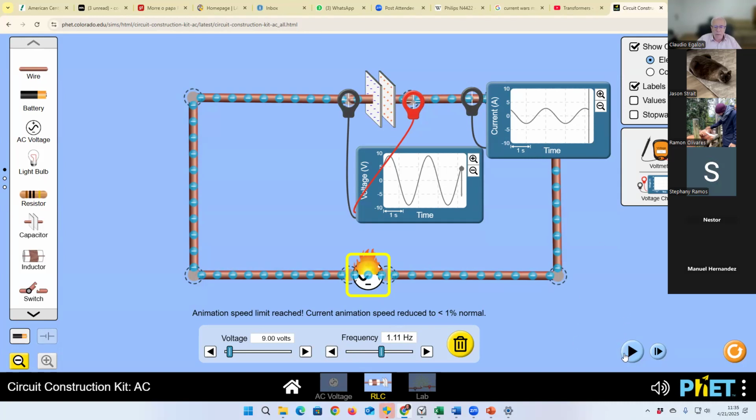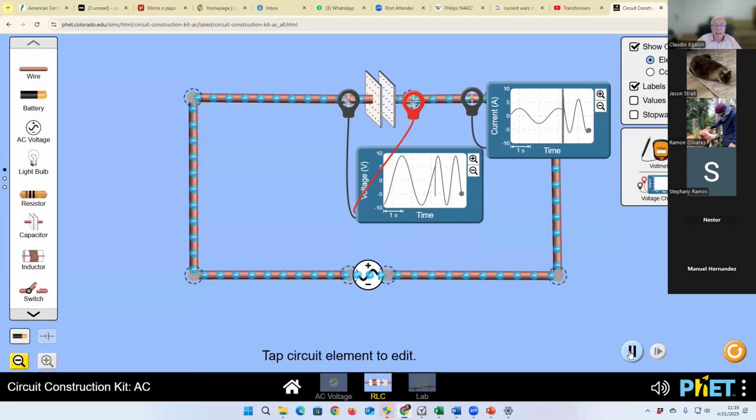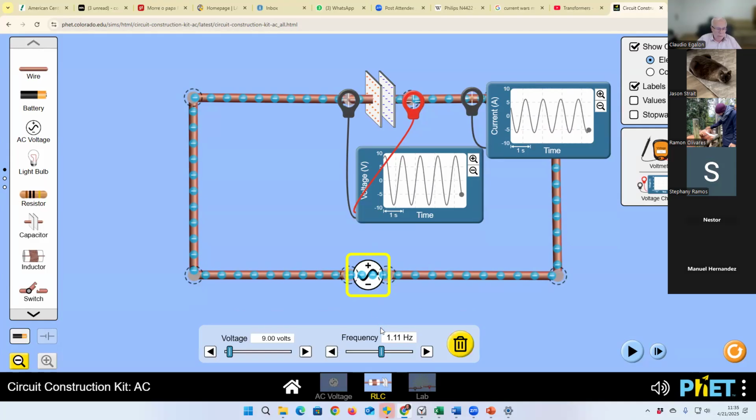We should see an increase. Let's see if they did. Yeah, they did implement that. They increase the current, increase the amplitude, right? And I'm going to pause momentarily here. So this simulation is realistic.